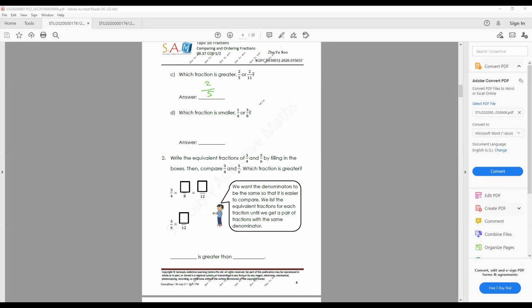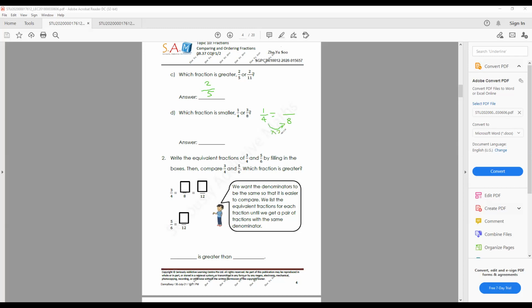All right, next one. Which fraction is smaller? Over here, you need to compare by converting one fraction into an equivalent fraction of 3/8 first. How do you do that? You take 1/4 and change the denominator 4 to 8.